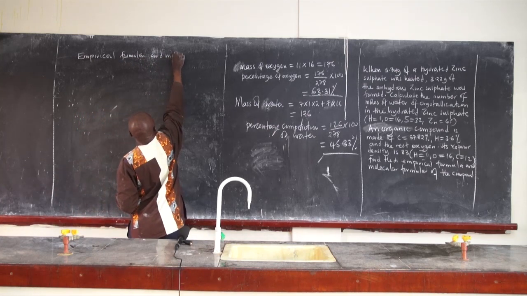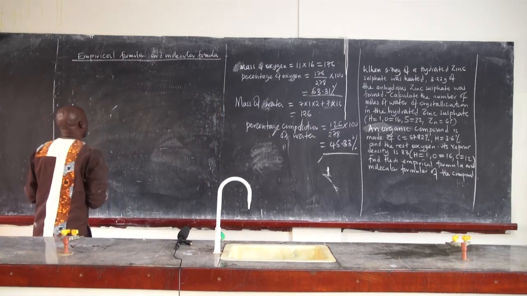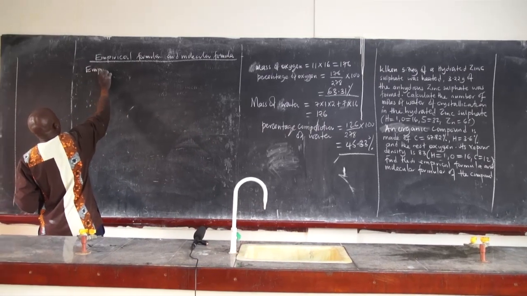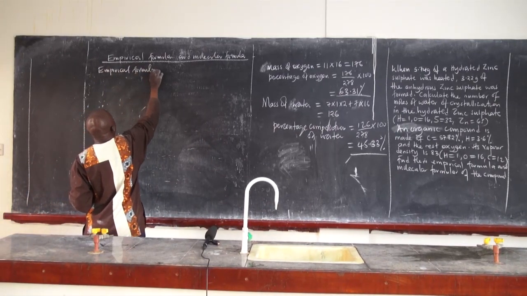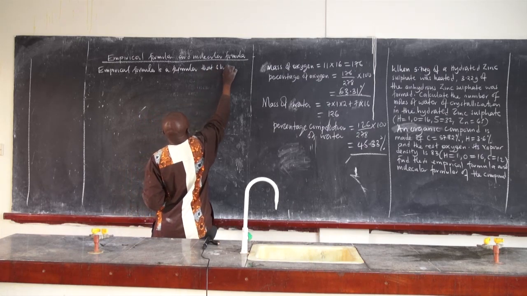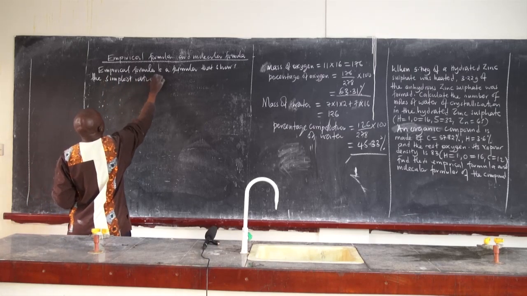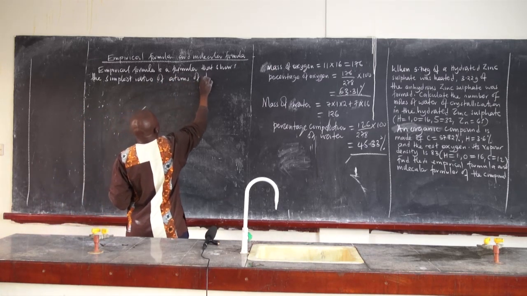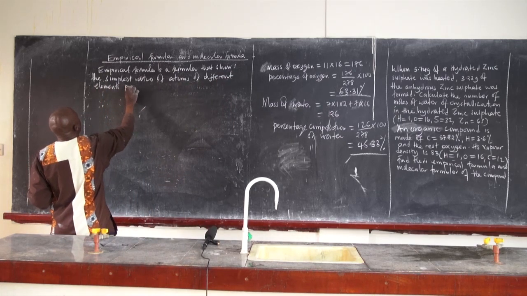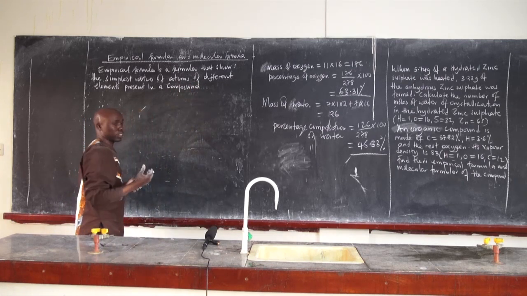Empirical formula is a formula that shows the simplest ratio of atoms of different elements present in a compound. So the simplest ratio, that means not the exact ratio.